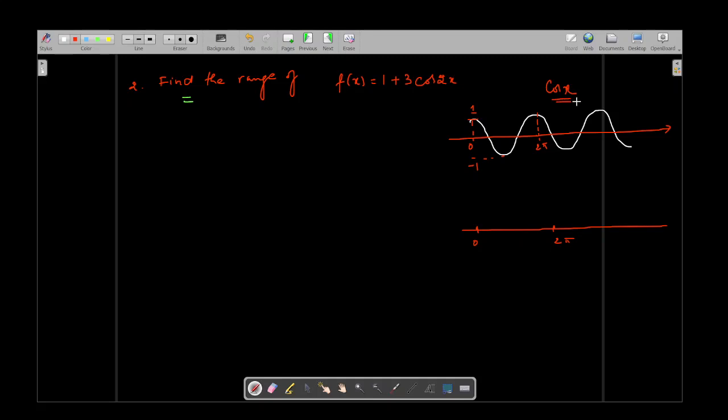If it is cos x, it means cos 1x, we have only one cycle, whereas if I have cos 2x, then from 0 to pi we have one cycle, and from pi to 2 pi we have another cycle. So the frequency of this function will change if I do cos 2x, and that will not alter the y value of cos x, which is 1 to minus 1. So this is my cos 2x.